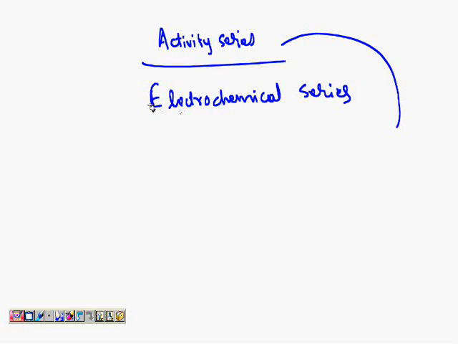There is a difference between the activity series and the electrochemical series, only one difference. Of course, the activity series is on the basis of increasing chemical reactivity. You know the story: PSC Mazitil could make silver, gold, platinum. That is the activity series of metals.